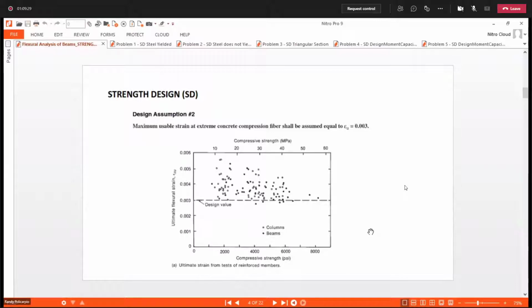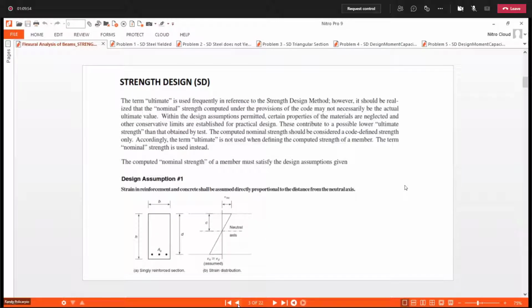This is according to test, so it was not guessed; it is approximate. This is what the ACI code considered, and the NSCP also adopted it. So that is about the maximum usable strain in the concrete.